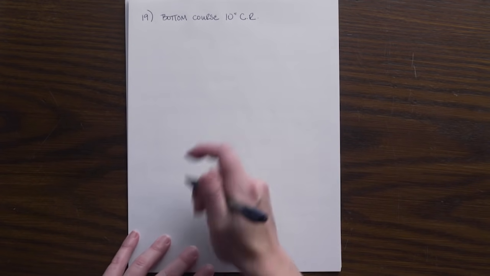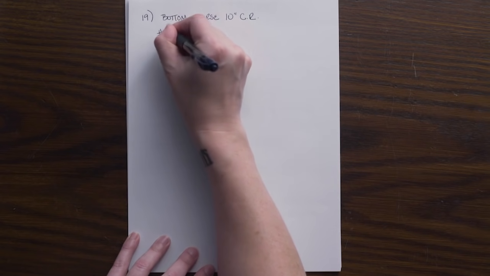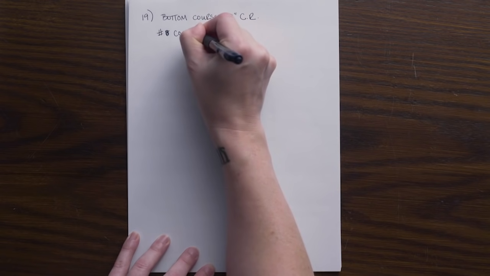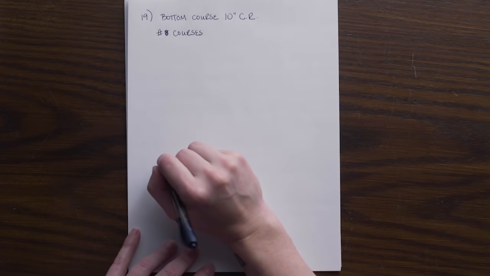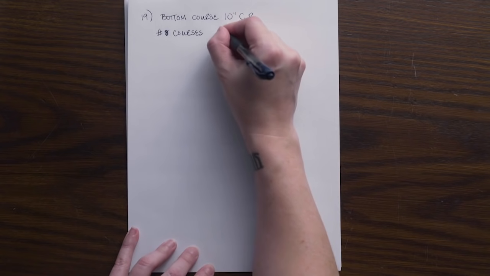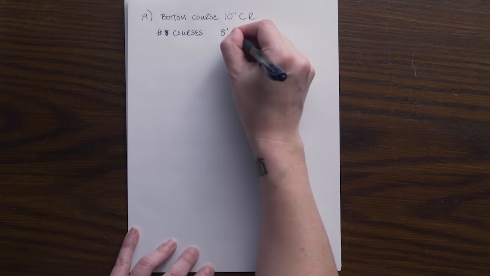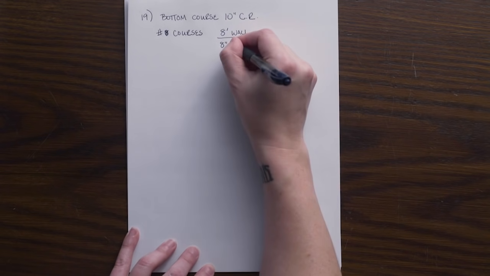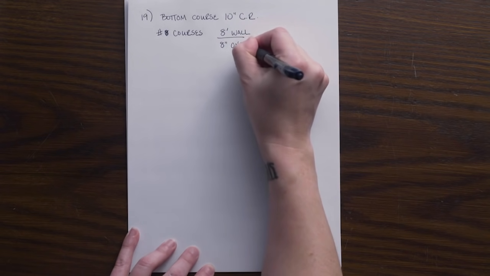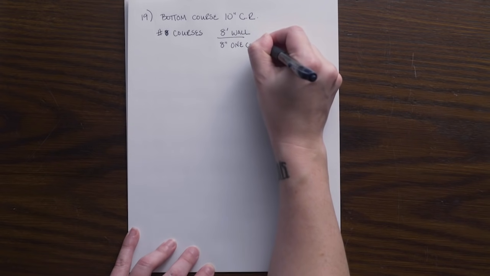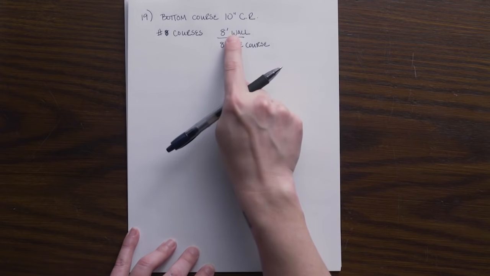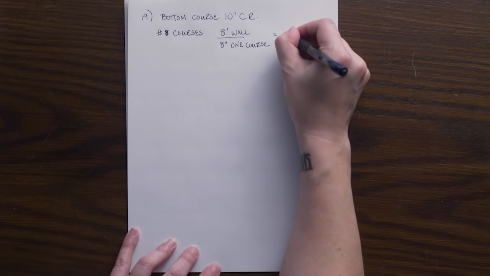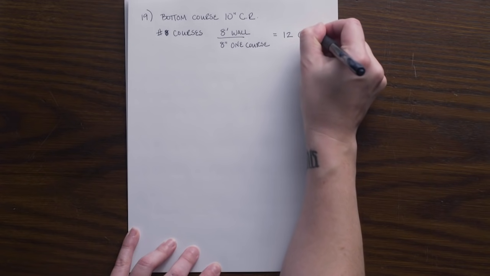So we need to first figure out how many courses we have in our foundation system. We have an 8-foot wall for our foundation, and 8 inches is 1 course. So the height of 1 course of block is 8 inches. If we take 8 feet divided by 8 inches, we see that we have 12 courses.